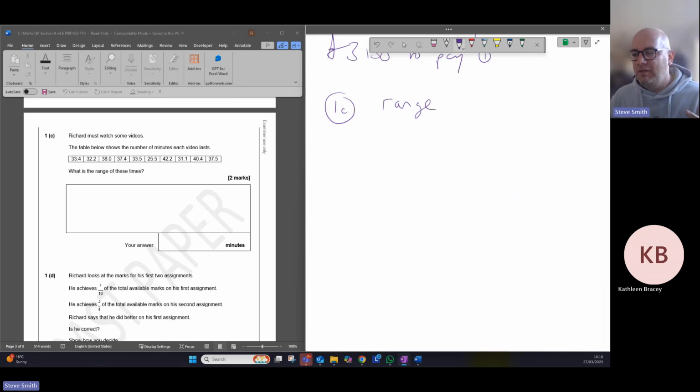Well, if I'm running around a track once, am I going to get exactly the same time? No, I'm going to get a range of times. So when you're talking about the range, we're looking for the highest number take away the lowest number. We're looking at the space between the biggest number and the smallest number.